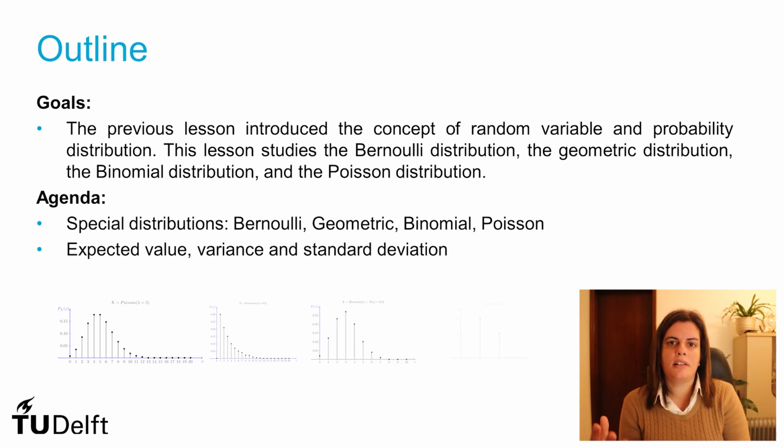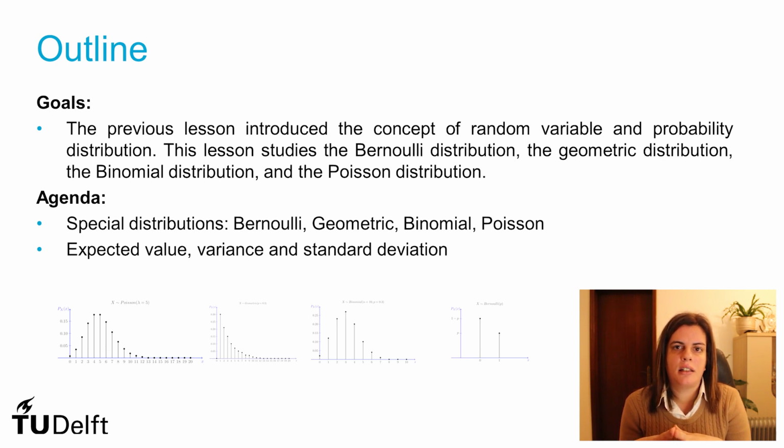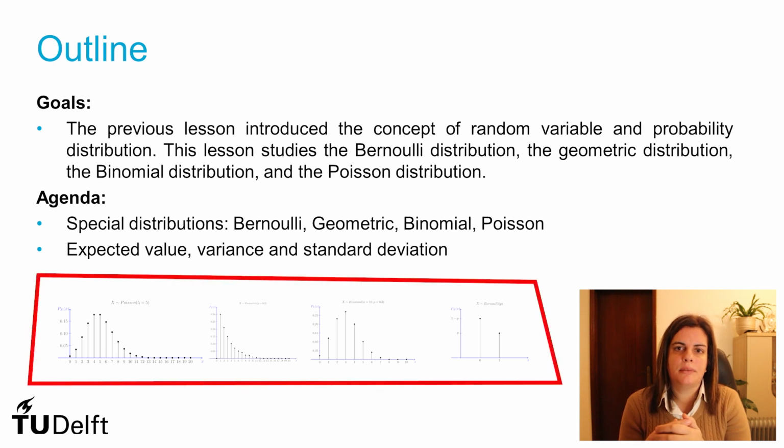And what we are saying is that the way that we calculate the probability distribution is the same for all those variables, even though they might be very different experiments and very different variables of interest. And that's what we are going to study today. We are going to study how these variables can be computed and how we can study them and explore them.